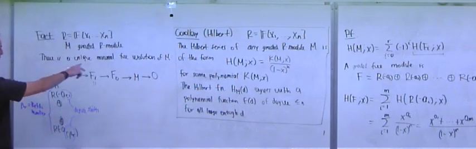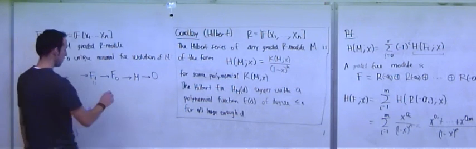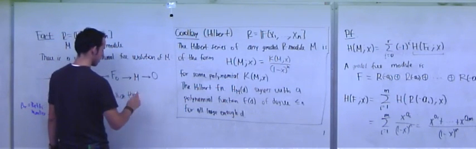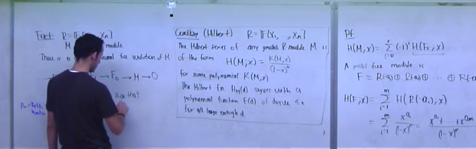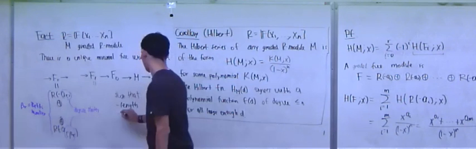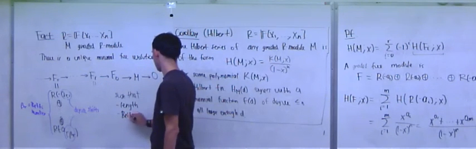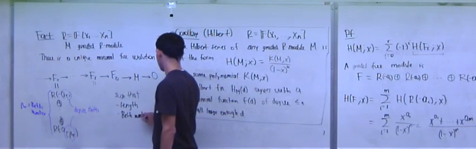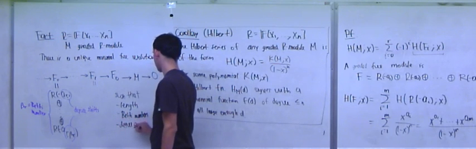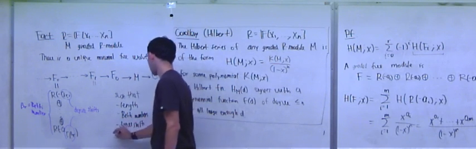So there's a unique minimal free resolution of this such that length, Betti numbers, and degree shifts are simultaneously minimized.